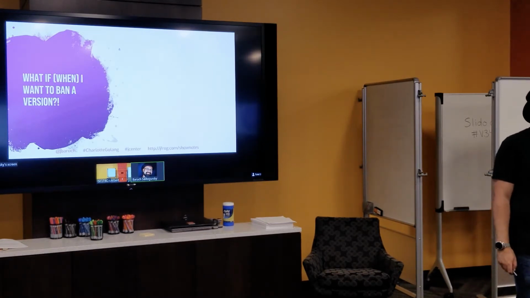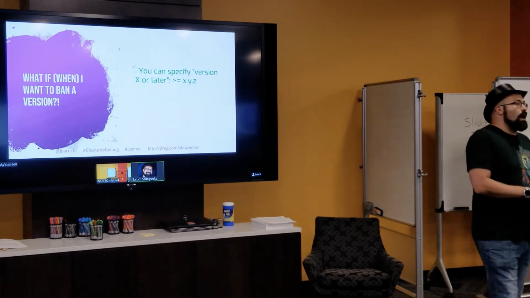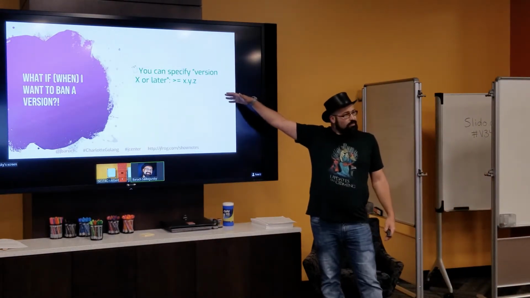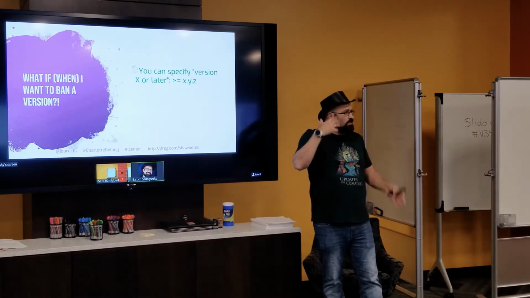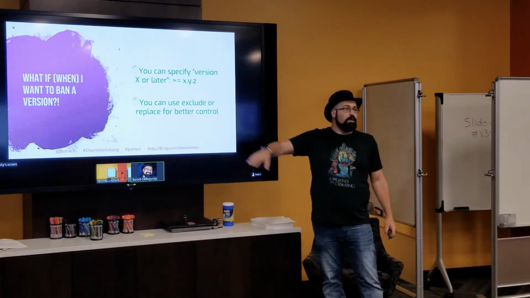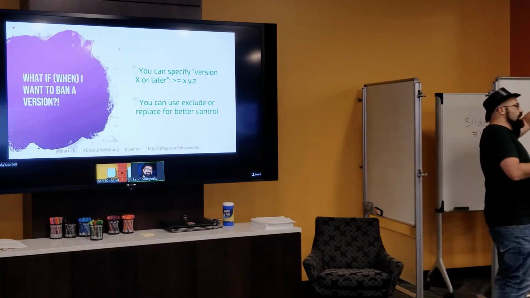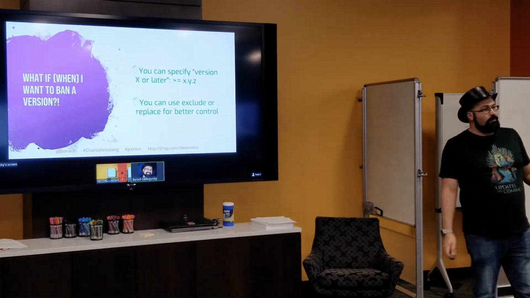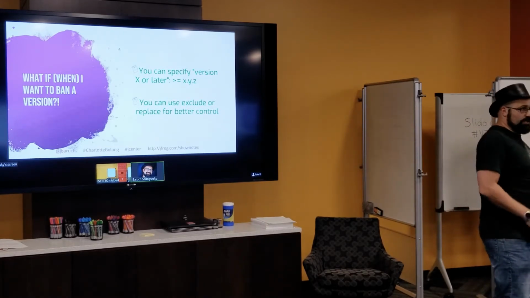When we need to ban a dependency, this actually is very simple. You can specify, I only want to use version X or later, and if there is a conflict, it will fail because the compatibility is broken. Or you can specify that you want to exclude a certain version. Every version in the range of my tags is fine except for that. Or replace. Every time someone asks for this version, give them that version instead.